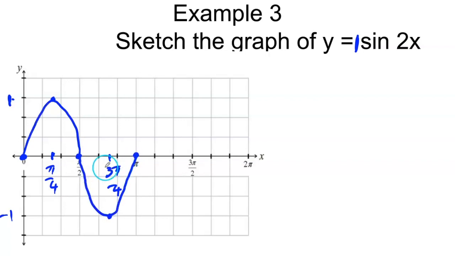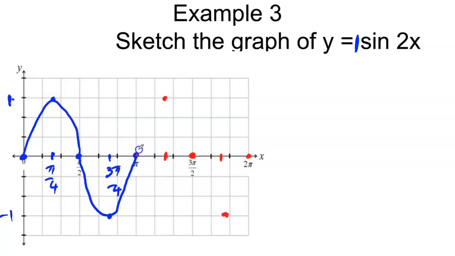So you notice, let's go back to the frequency. The frequency is how many of these I have between 0 and 2 pi. Technically, I can draw another cycle of those. So from here, it goes to my maximum. Then I go back to the intercept. Then I go back to my minimum. And then I go back to the x-intercept. So that's that cycle.